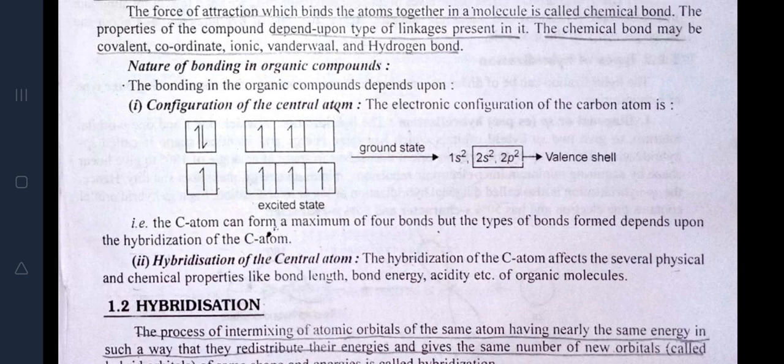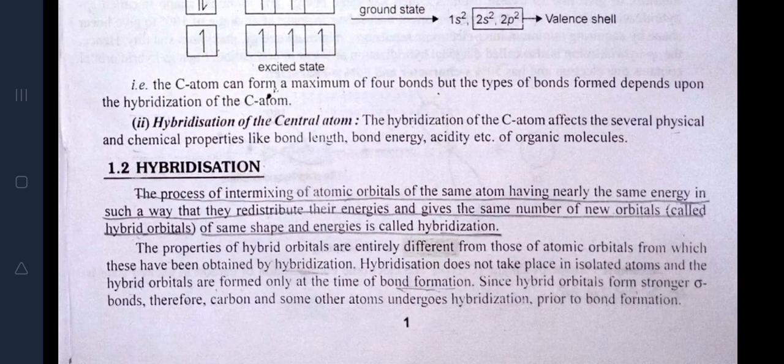Second, it depends on the hybridization of the central atom. The hybridization of the carbon atom affects several physical and chemical properties like bond length, bond energy, acidity, etc. of organic molecules. First is hybridization.